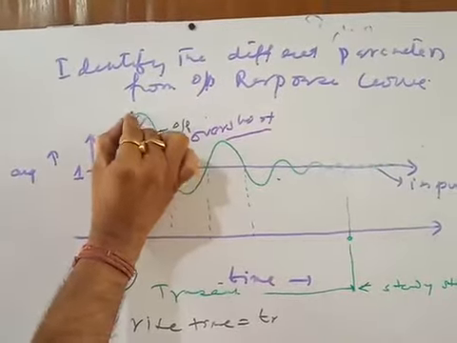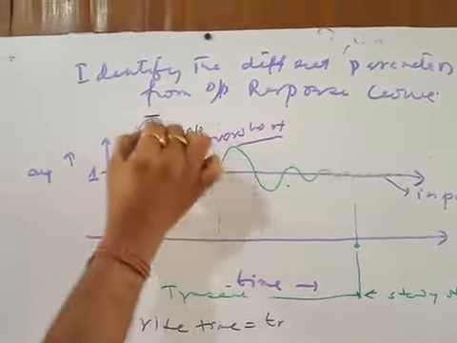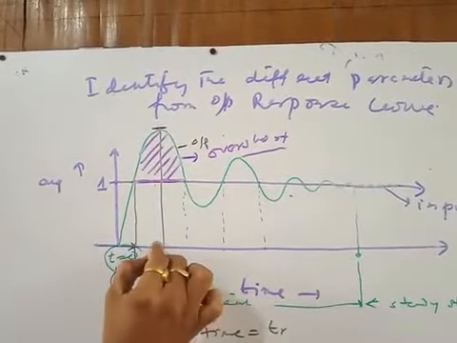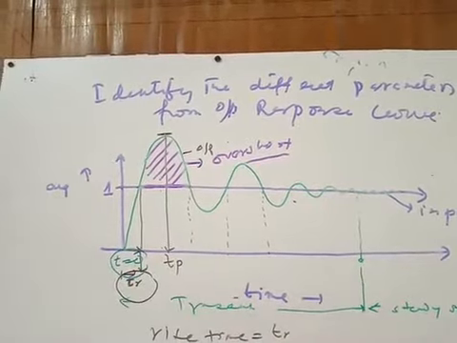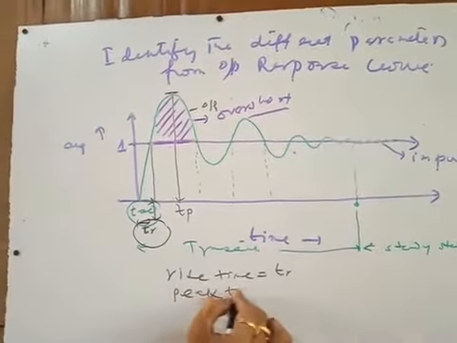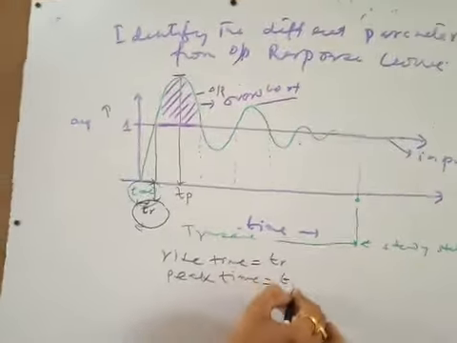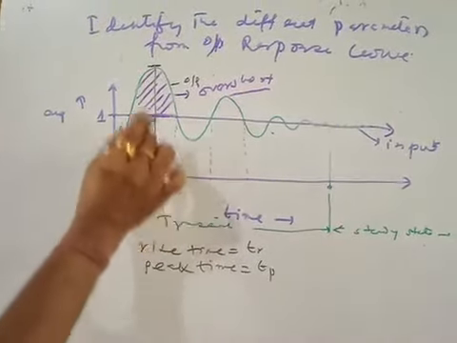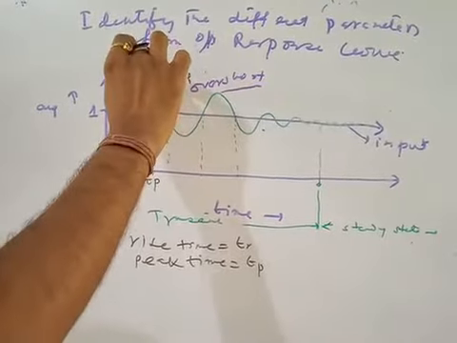This is the maximum value, the peak value of the oscillation. This is one time only, known as peak time, equal to tp. That is the single value of time when the output curve reaches its maximum value.